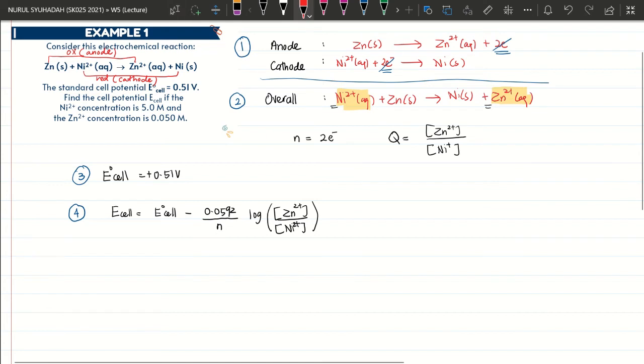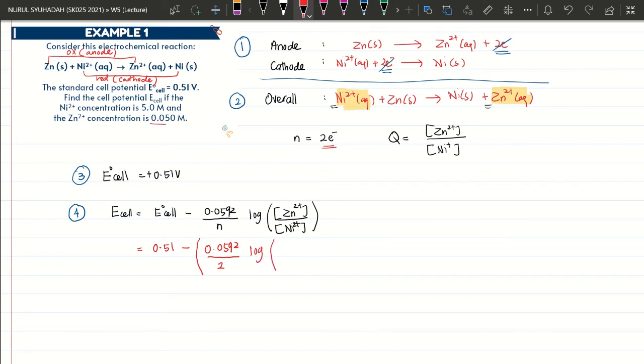So our E naught cell, 0.51, minus 0.0592 over N, where N is 2, the number of electrons over here, and then log the concentration of zinc 2 plus, which is 0.050, over the concentration of nickel, which is 5.